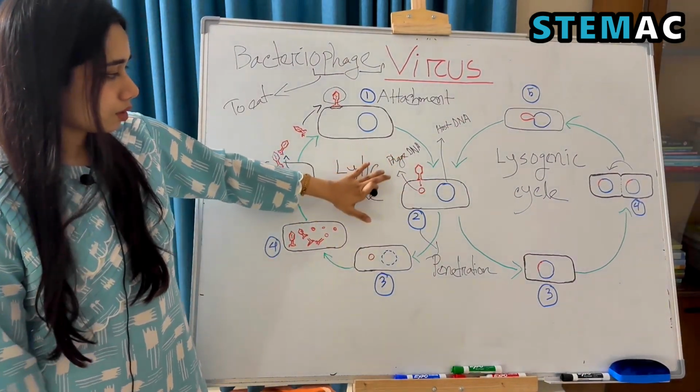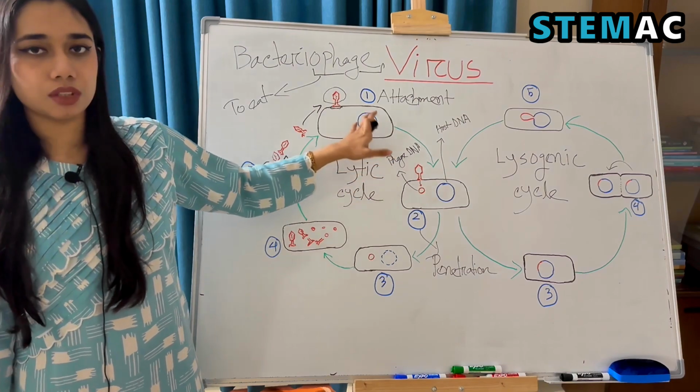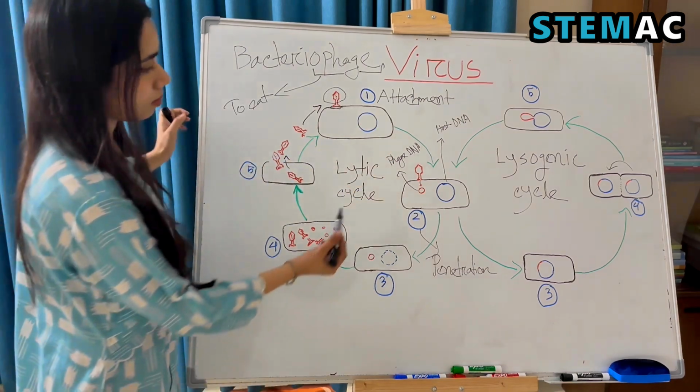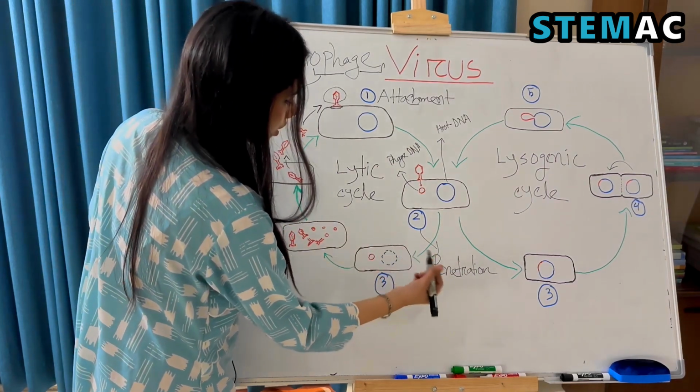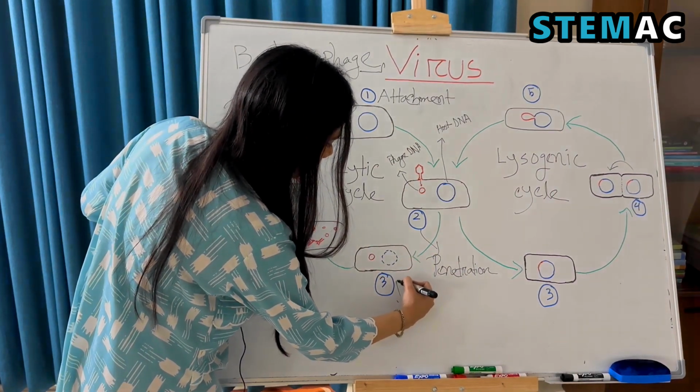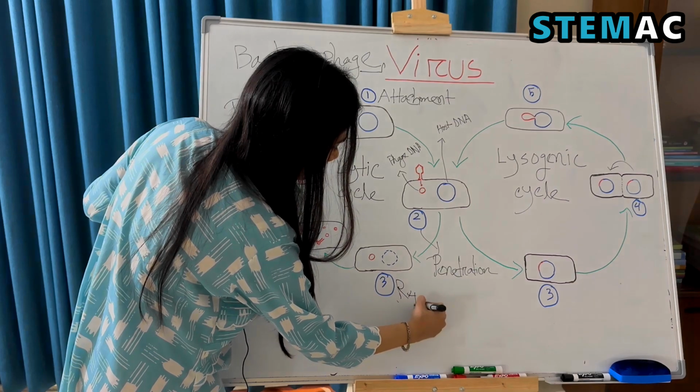So after the penetration of the genetic material of the bacteriophage, it will then move to the third step, which is the replication step.